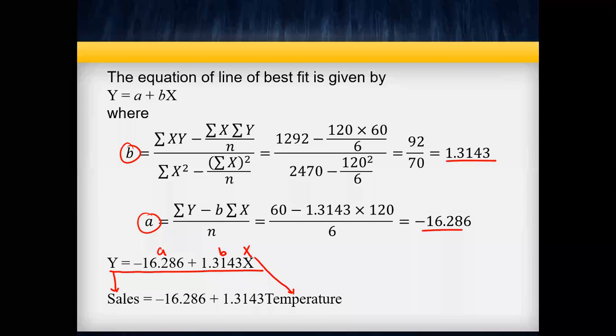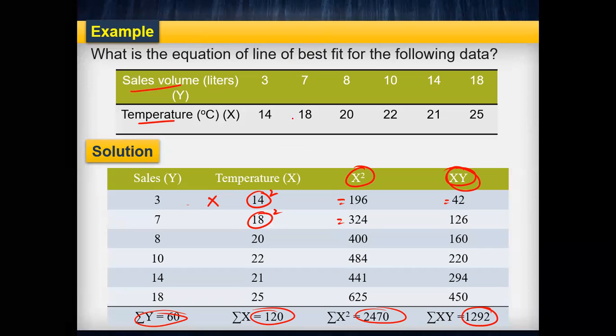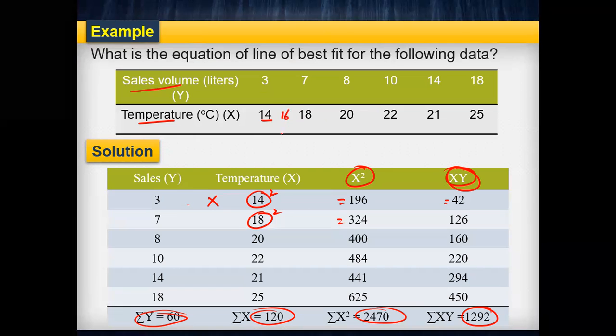The disadvantage of statistics is that suppose you had the data in discrete form. You recorded the data when the temperature was 14 and the sales were 3. But if somebody asks you what the sale will be if the temperature is 16, you have no answer.